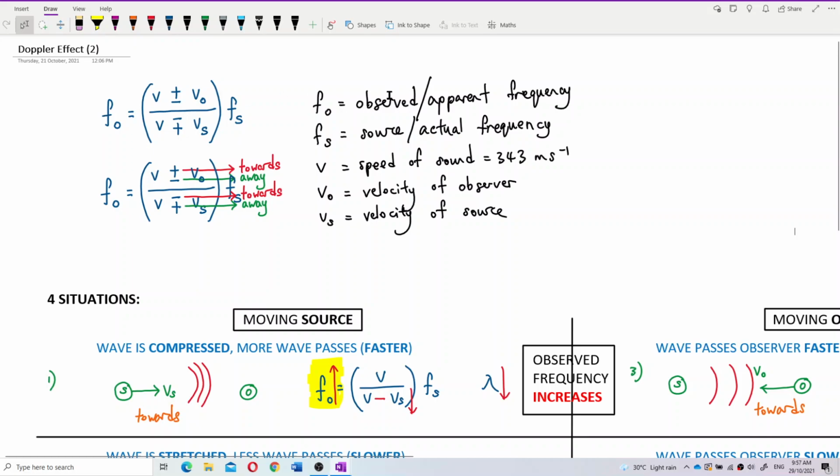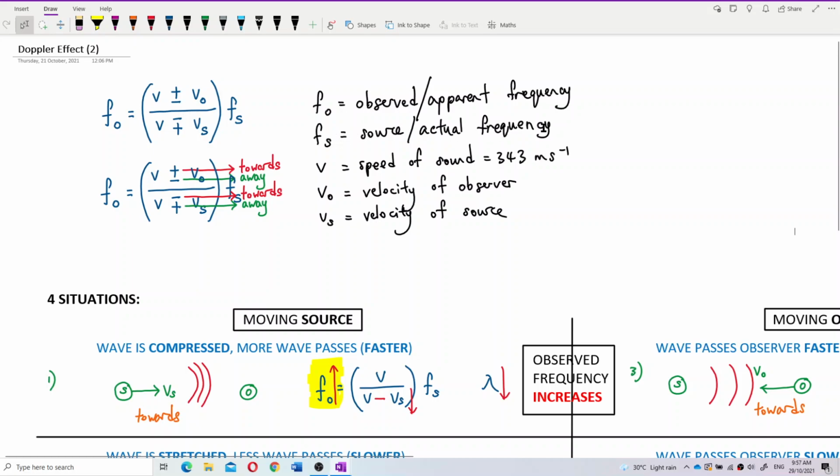fo is called the observed frequency or apparent frequency, and fs is the source frequency, the actual frequency given out by the source.